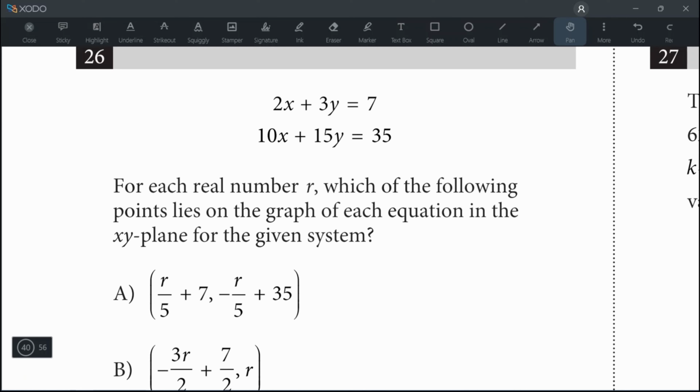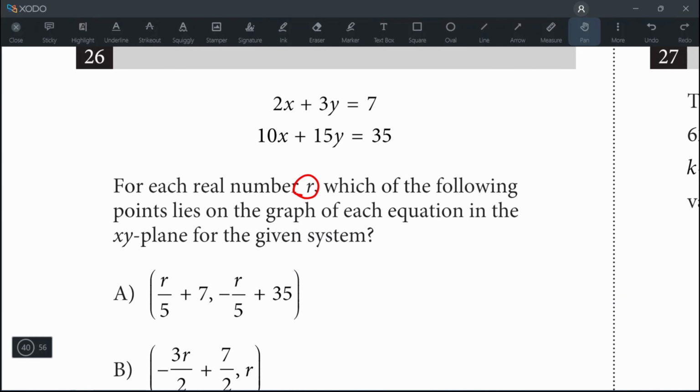But here you are not just given values of x and y immediately. So what you can do is substitute r with any number. Let's say r is equal to 5. Then you plug the value of r, which is 5, into the choices to get the values of x and y.